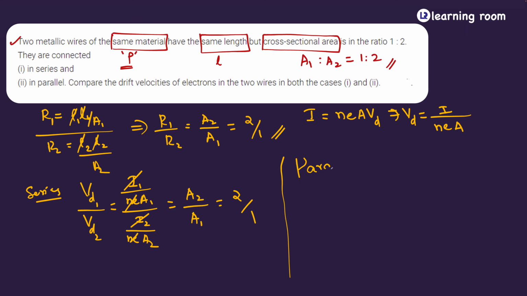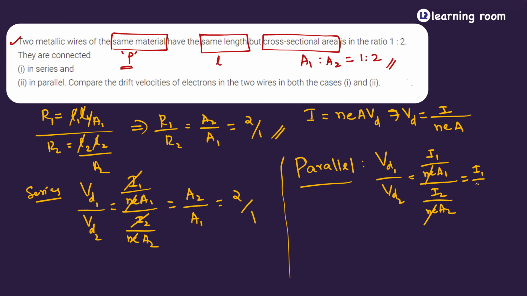So when I take the parallel connection into the picture, VD1 divided by VD2 is equal to I1 by nEA1 divided by I2 by nEA2. Cancel this and this. This will be equal to I1 by I2 into A2 by A1. What happens in the case of parallel connection? V is the same.